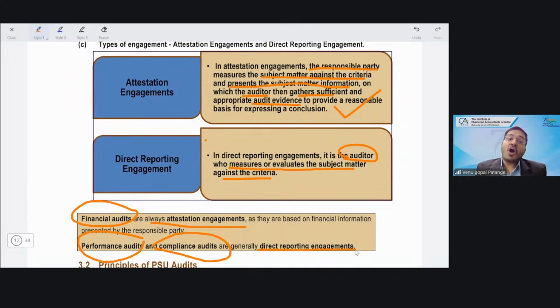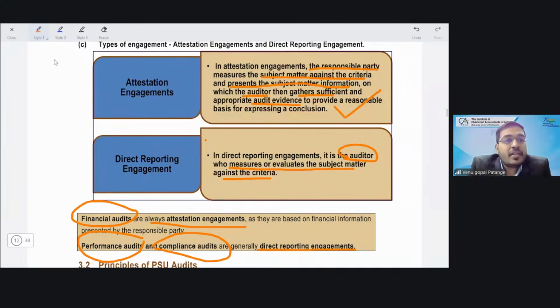It is the auditor who measures and evaluates the subject matter against the criteria. Hope it is clear. You understood the elements. Elements is simple, but once you understand the elements, you will understand the next topic, which is types of audit.